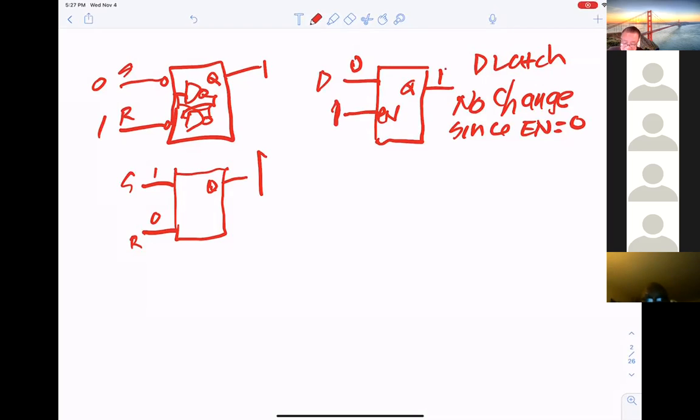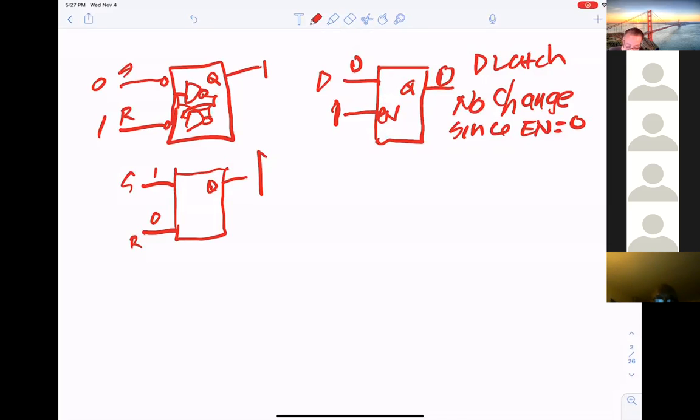Q will be equal 0. Okay, I summarize on the left. If enable, or whatever you name that gate, equals 0, the output will be no change, no matter what the input is doing. However, when the enable equals 1, then Q will be changing.